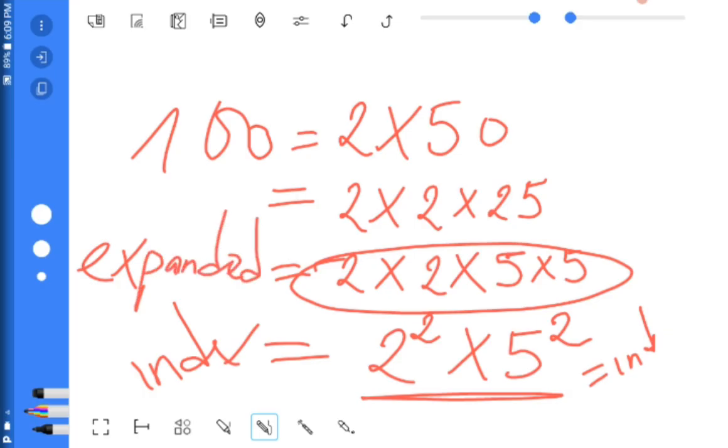This is in expanded form, while this answer is in index form. So sometimes you have a number to write in index form. You may also have a number to write in expanded form, and you should know exactly what to do.